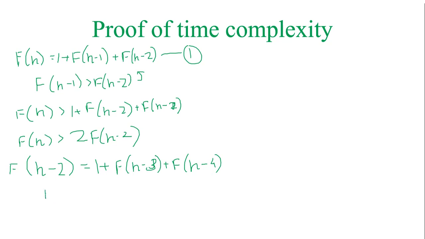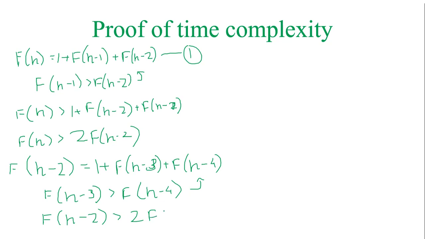Also we can say that f of h minus 3 is greater than f of h minus 4. So similarly, by putting this equation in this equation, f of h minus 2 is greater than twice of f of h minus 4.